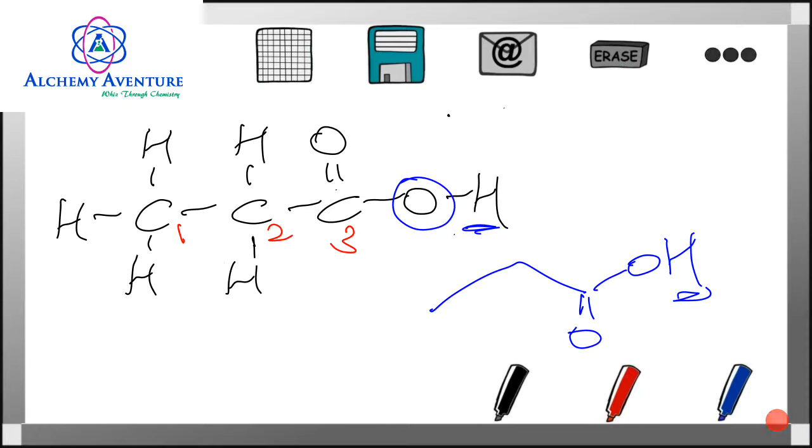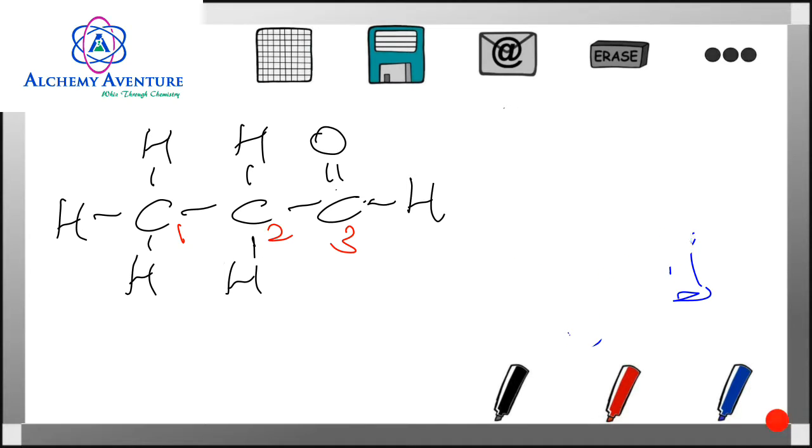Let's look at another example. Let's replace this OH with hydrogen. I will erase this and draw it out again. Same thing, count the total number of carbon atoms. 1, 2, 3. And there's a C double bond O, so draw it out.